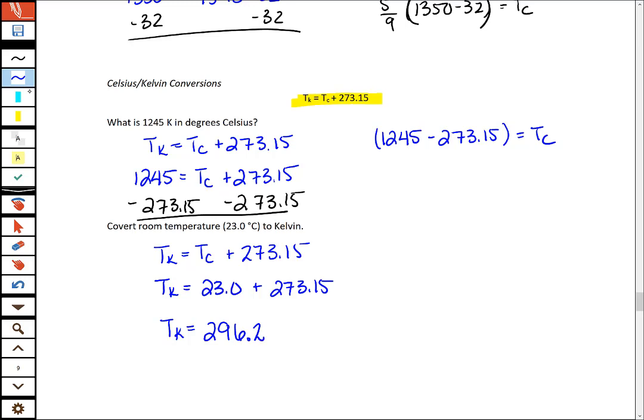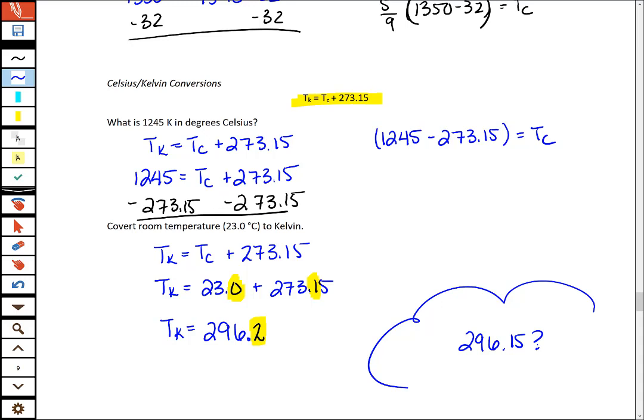296.2 because sig fig wise, I have one significant figure here in the tenths place, and I also have one in the tenths place here. So each of my values have a significant figure in the tenths place, and so I should end in the tenths place. So why can't I have a final answer of 296.15?